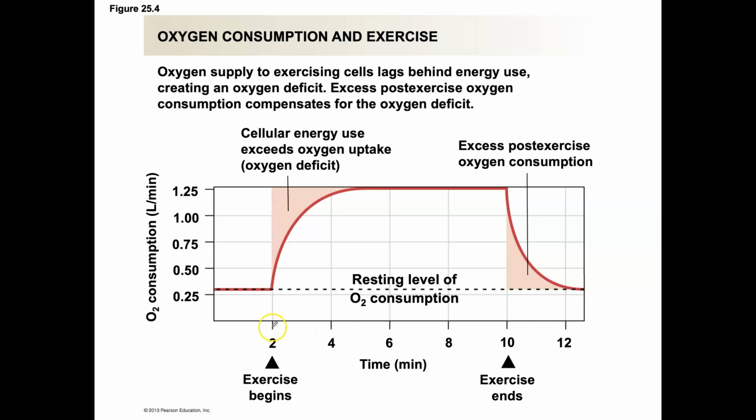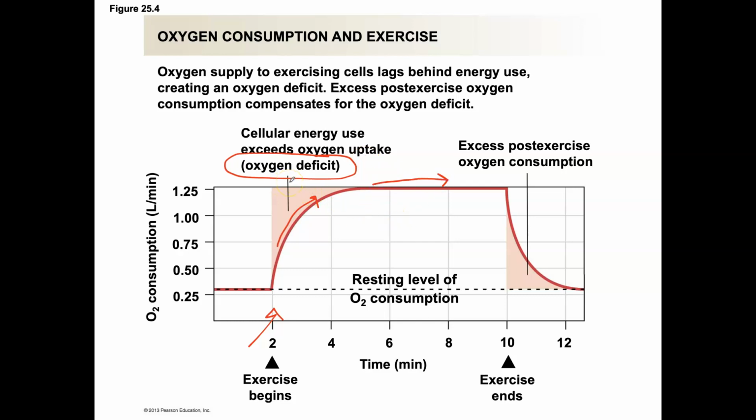So as exercise begins, you're going to have to utilize oxygen at a faster rate than you can actually consume, which is actually creating an oxygen deficit in order for you to reach a peak performance level and a peak oxygen consumption level during the duration of your activity.